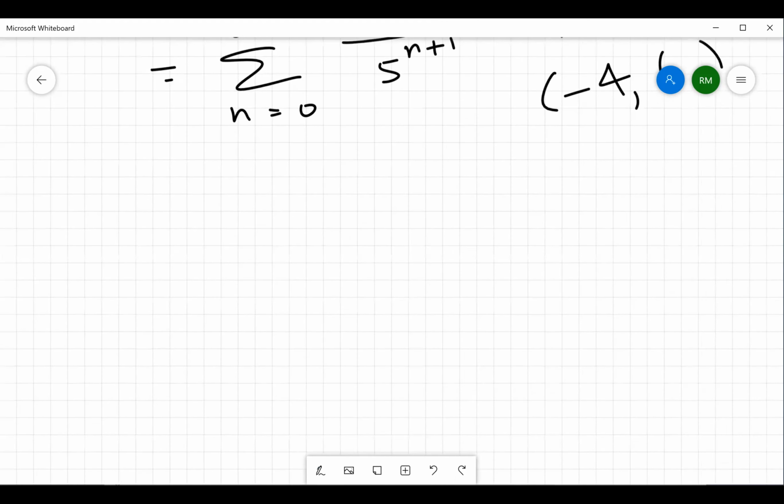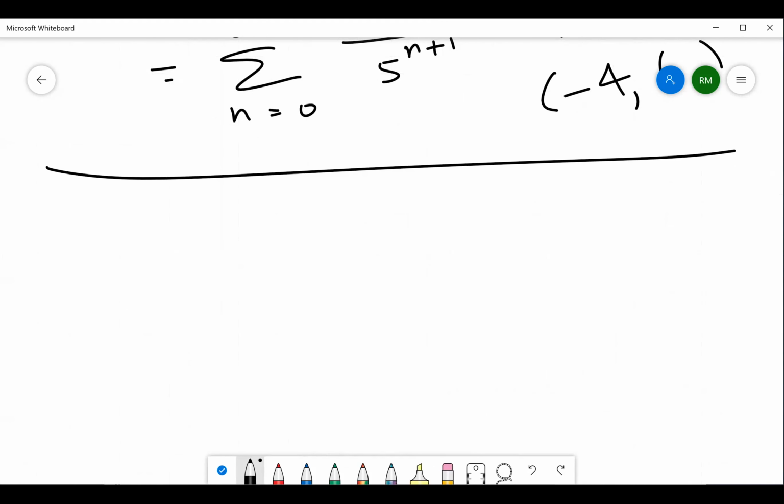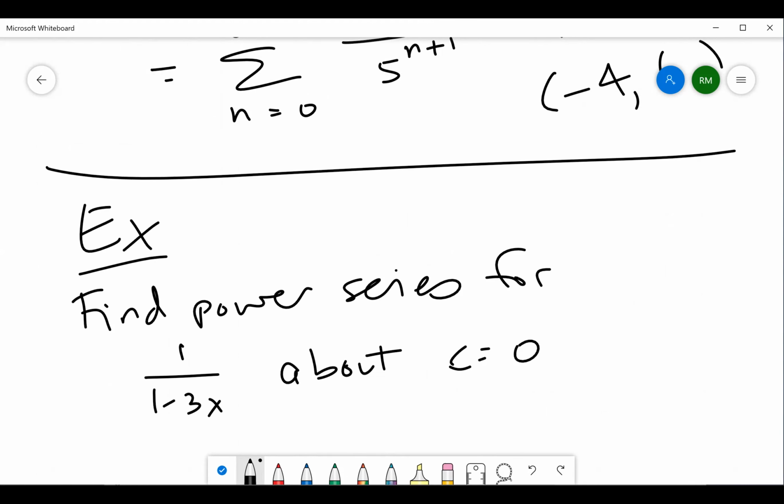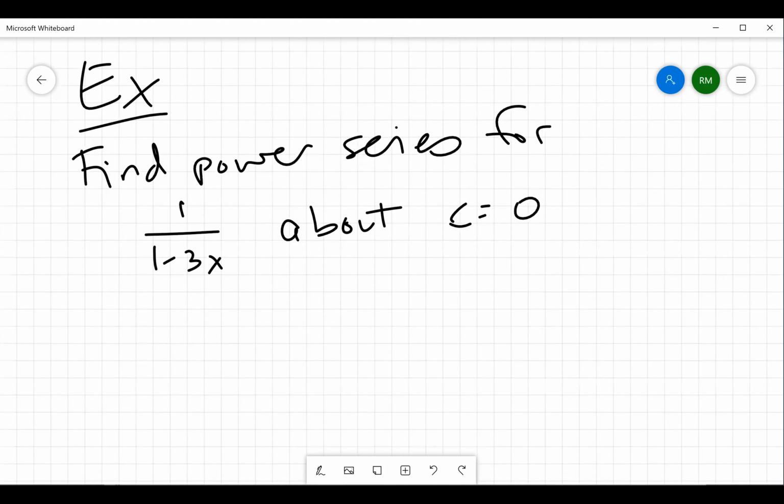All right, so I'm going to give you 2 examples to write the power series for them. So do these in your notes. I want you to find the power series for 1 over 1 minus 3x about c equals 0. That one's not so bad.